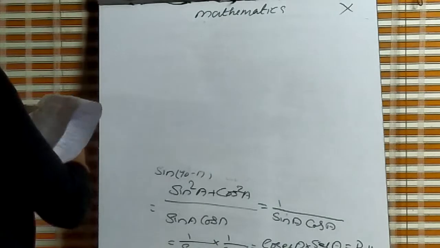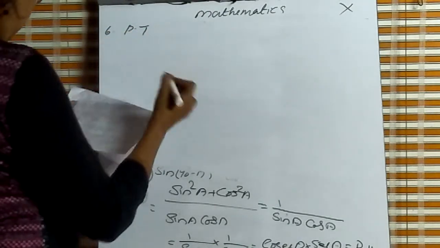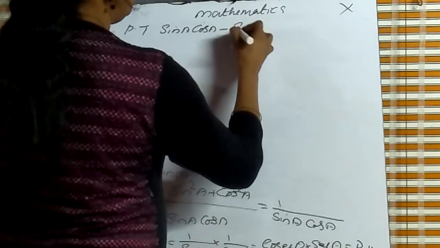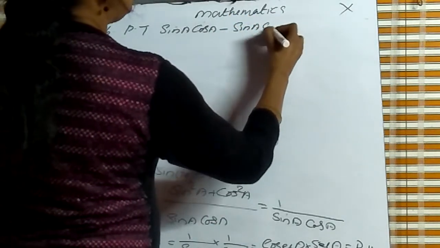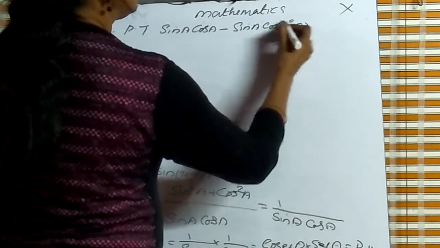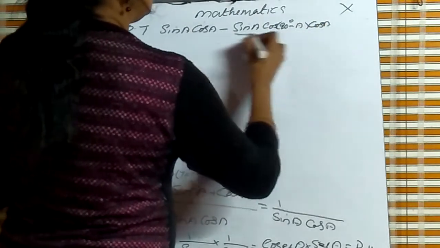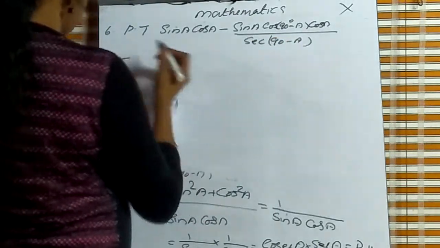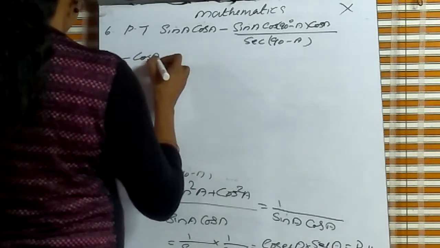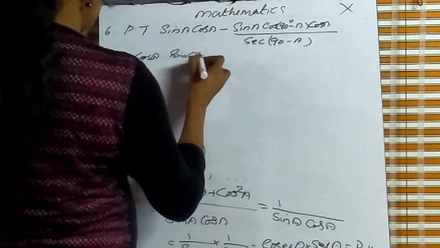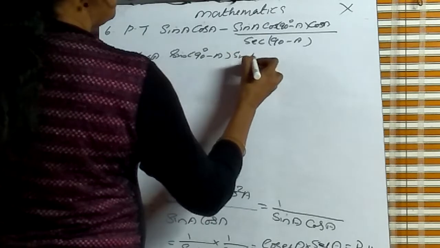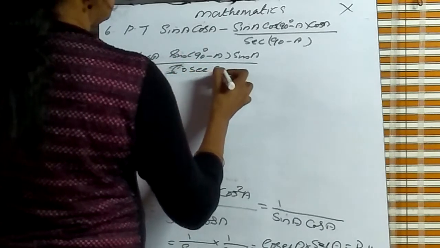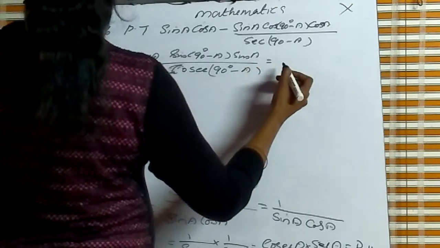Question number 6. Prove that sin A cos A minus sin A cos 90 minus A divided by sec 90 minus A, minus cos A sin 90 minus A, sin A divided by cosec 90 minus A, is equal to 0.